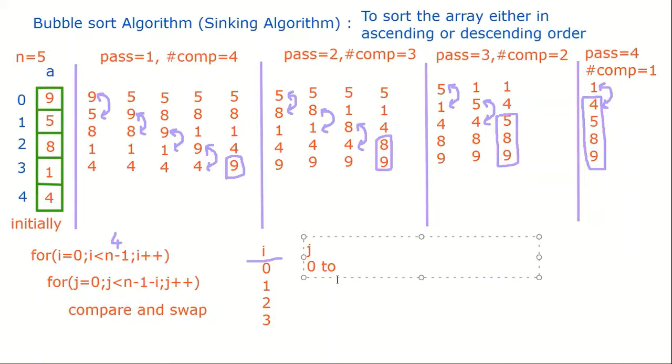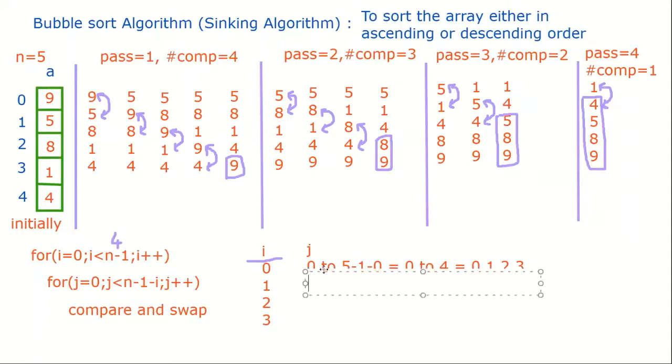So 5 minus 1 minus 0, which is nothing but 0 to 4. So how many comparisons are happening here? 0 to 4 says j iterates 0, 1, 2 and 3 times. These many times the j value changes.